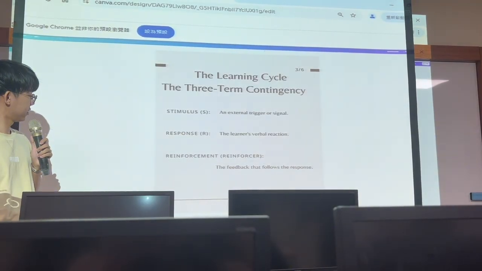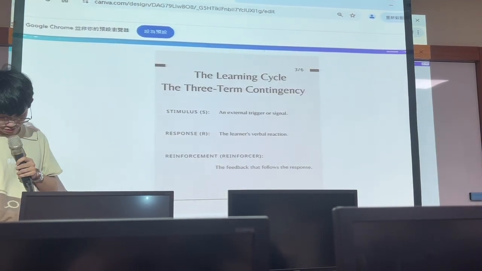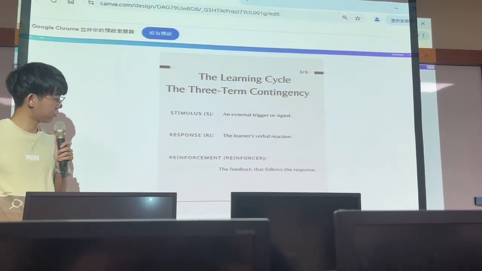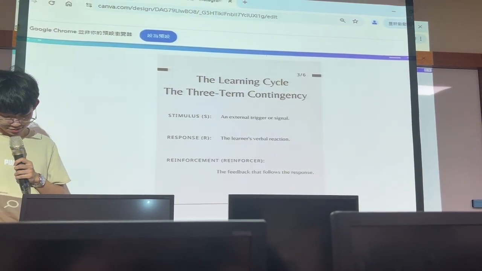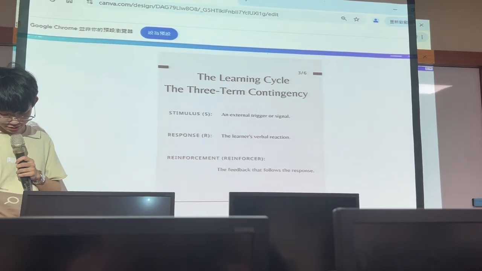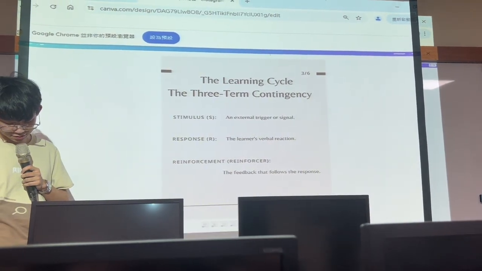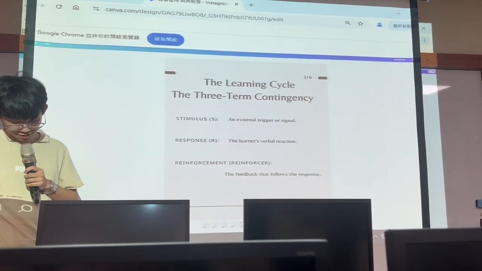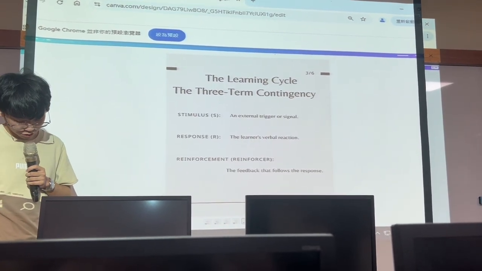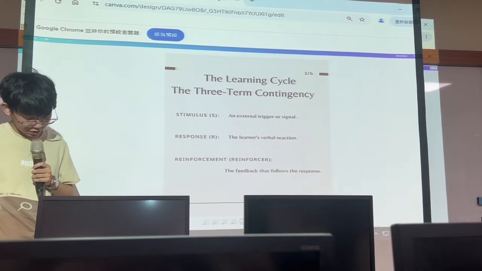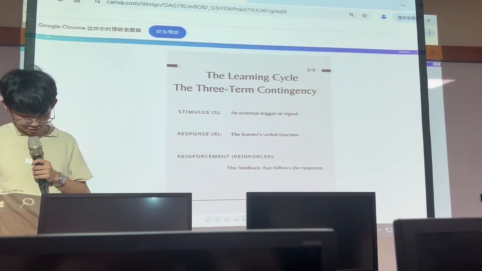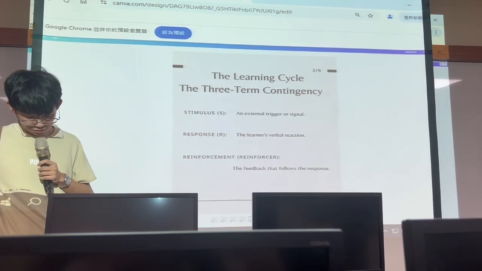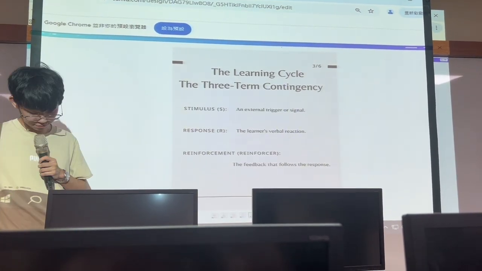And third is the reinforcement. The feedback that comes right after the response. If it's positive, like getting the apple or hearing a good job, the connection gets stronger. If it's negative or ignored, the connection weakens.